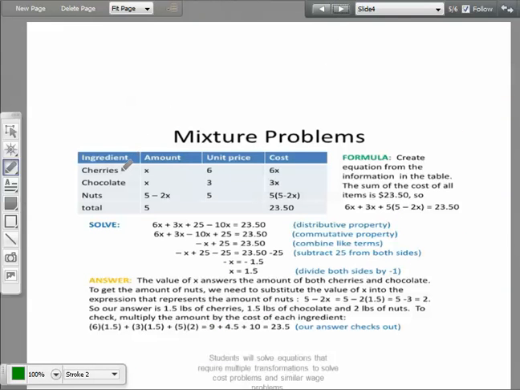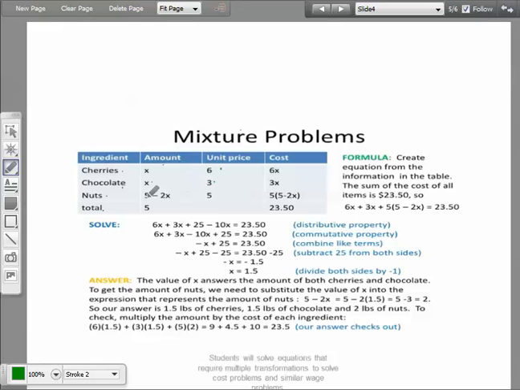Here we've got cherries, chocolates, and nuts being mixed together to make something. Okay? A cherry chocolate nut bar or something like that. And they want to create an equation from this. They're telling you the cherries cost $6 per amount, whatever it is, and that the chocolate costs $3 for that same amount.